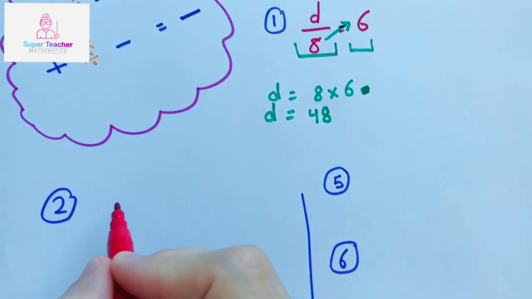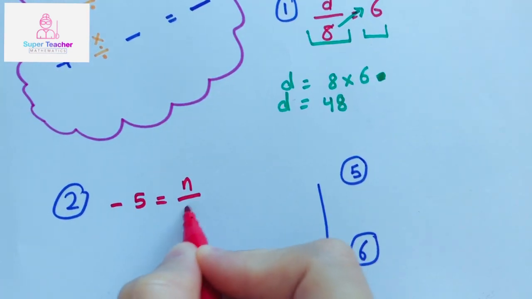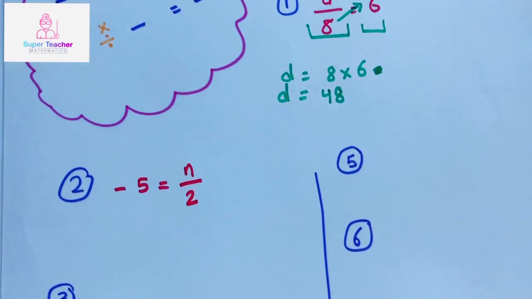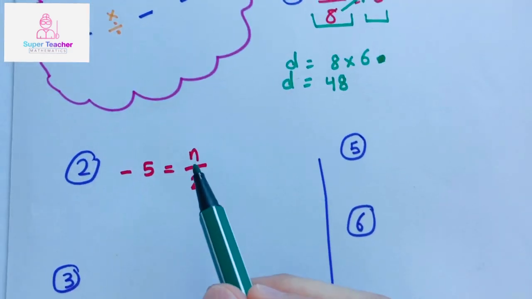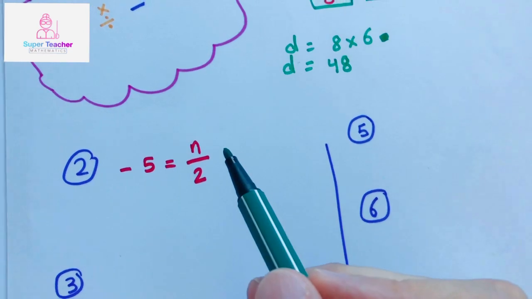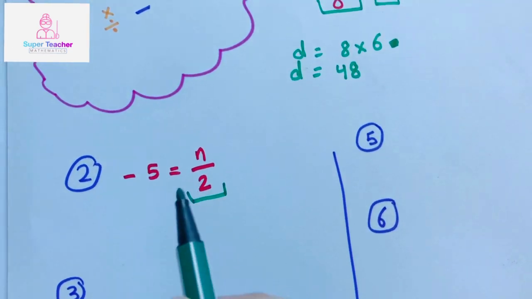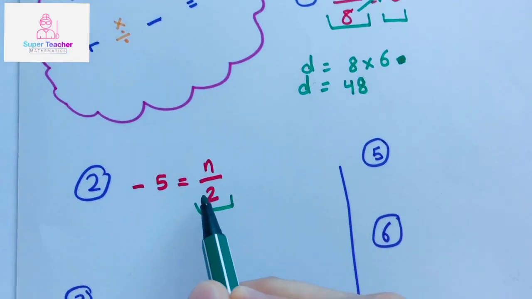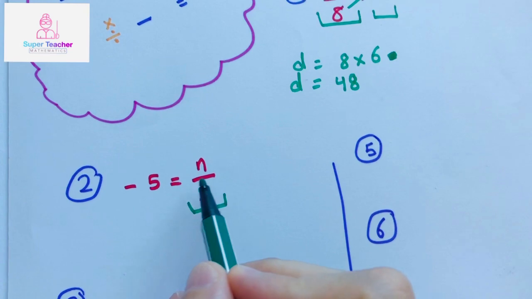Okay, let's do another question. Question 2, negative 5 equals n over 2. A little bit similar to question 1, but the variable is on the right side, so I'm going to take care of the right side. What is the opposite operation of divide?